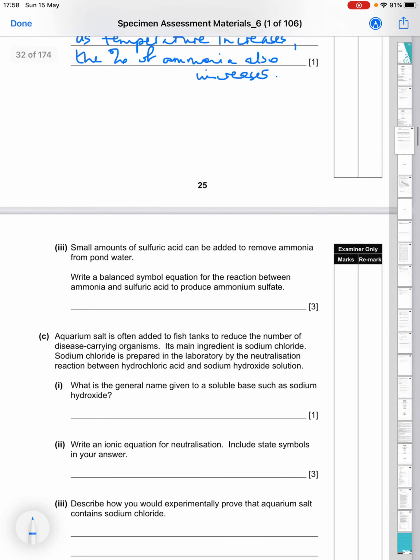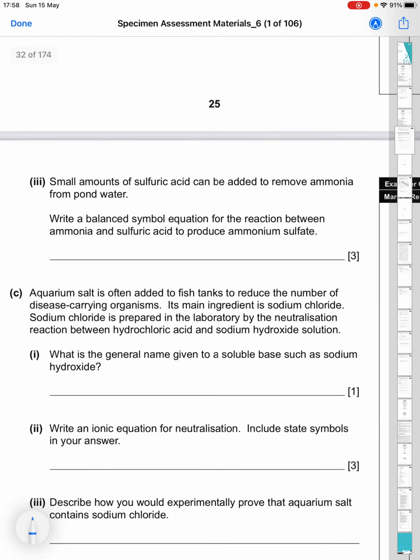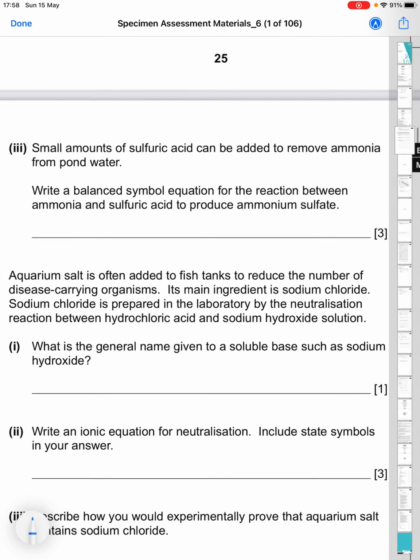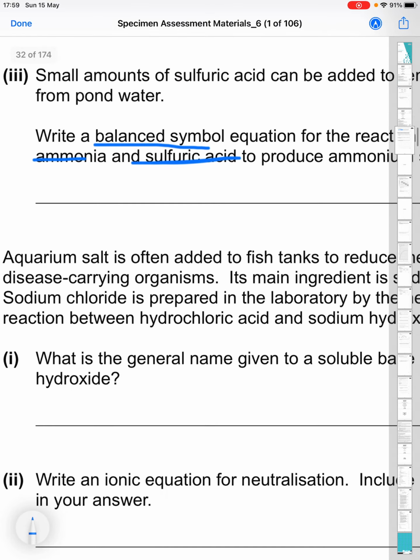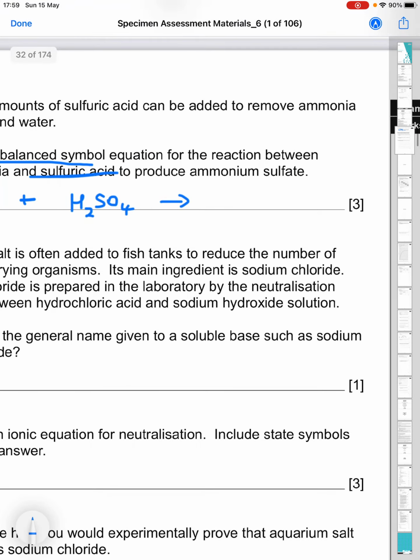It says small amounts of sulfuric acid can be added to remove ammonia from pond water. Write a balanced symbol equation for the reaction between ammonia and sulfuric acid to produce ammonium sulfate. Again, there's going to be 1 mark for the reactants, 1 mark for the products, and 1 mark for balancing it. So we've got ammonia, NH3, and sulfuric acid, H2SO4, forming ammonium sulfate.